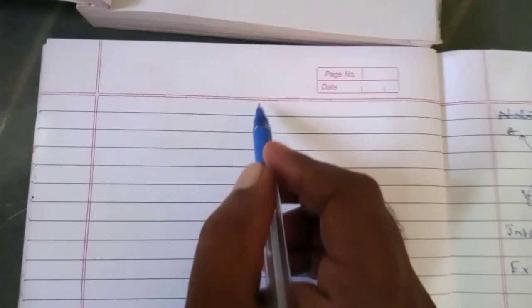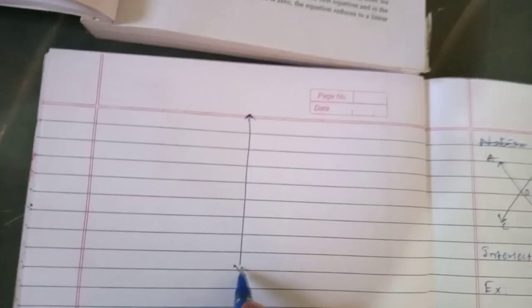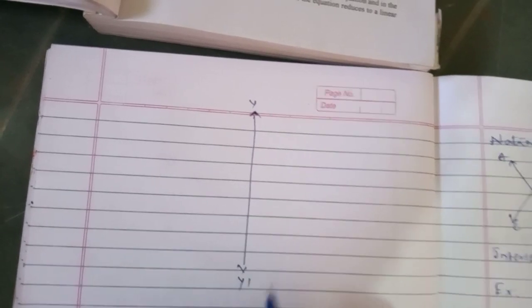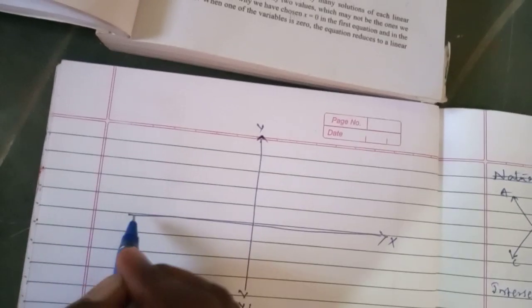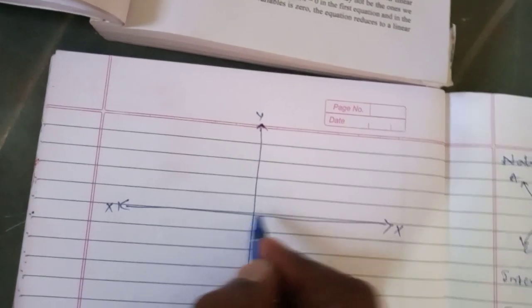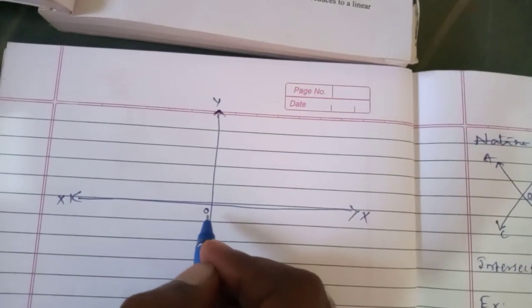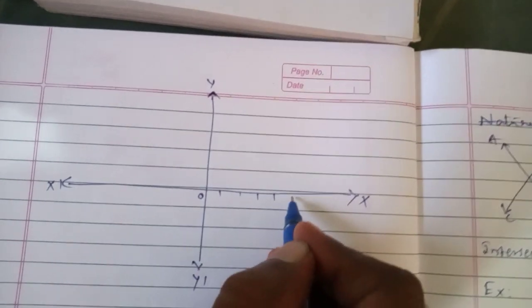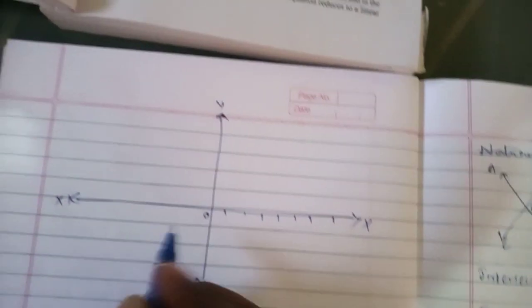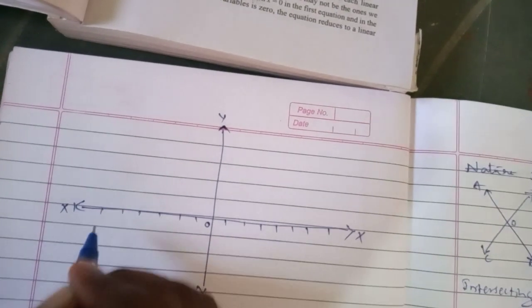Yes, this is the graph here. This is the y-axis, y dash, and this one is the x-axis, x dash. These two axes intersect at this point, which is known as the origin. Mark 1 2 3 4 5 6 7, enough here. 1 2 3 4 5 6, enough.